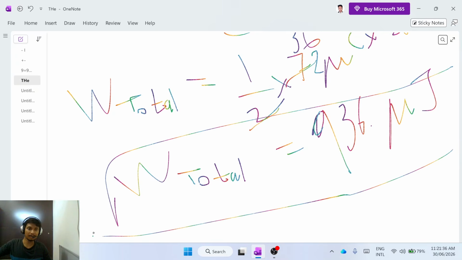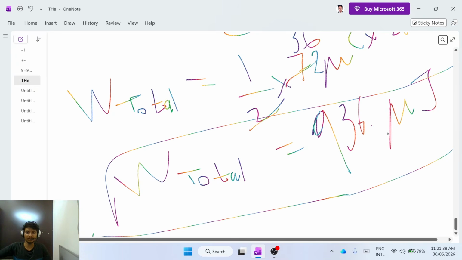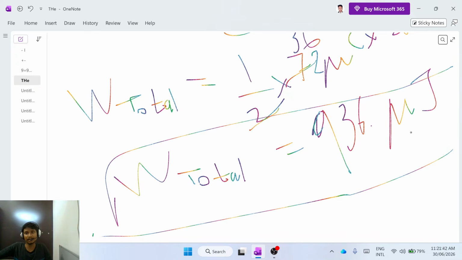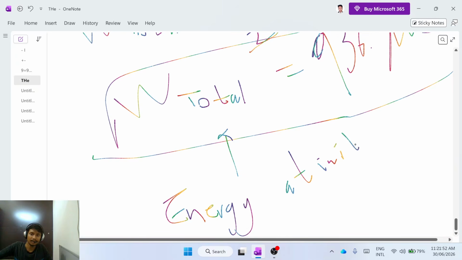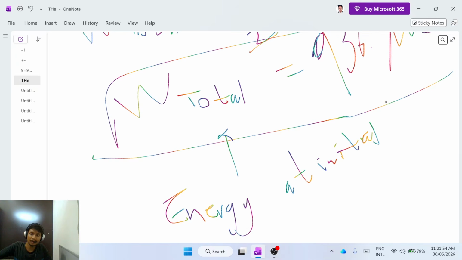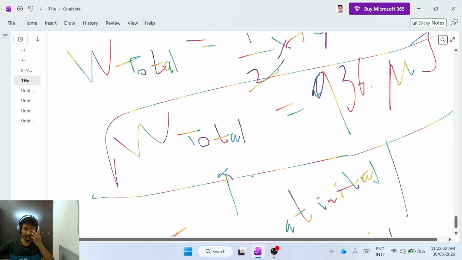The unit of energy is joule. Therefore, W total is equal to 936 microjoule. This is the energy at the initial condition, in series connection. Now we have found the total energy in the initial condition.